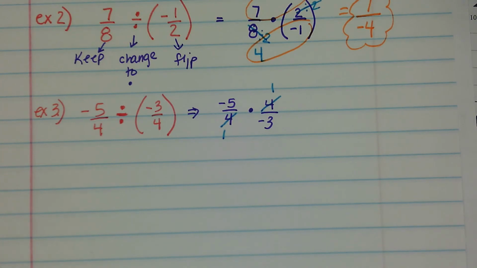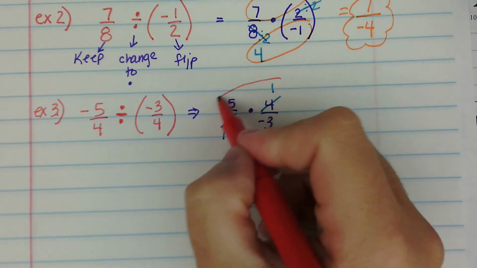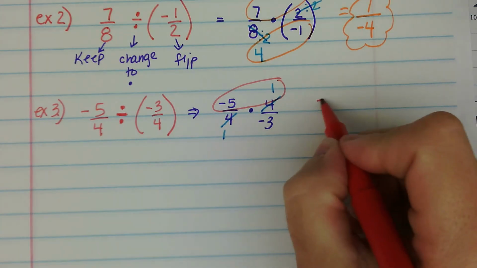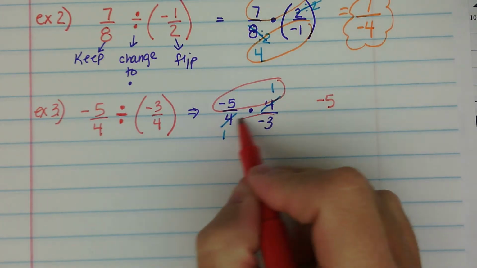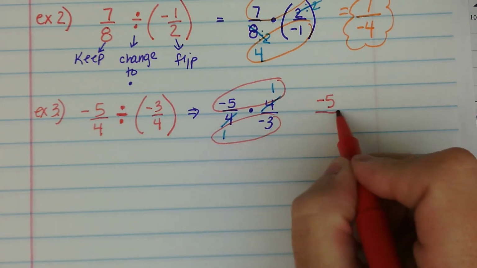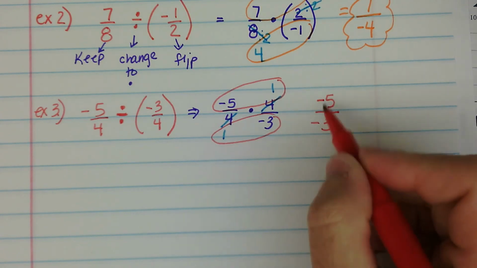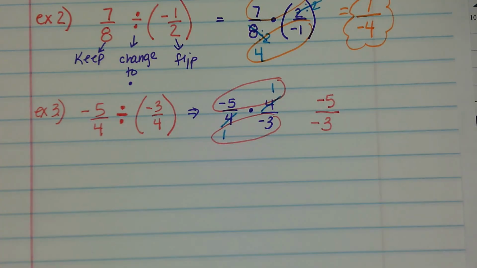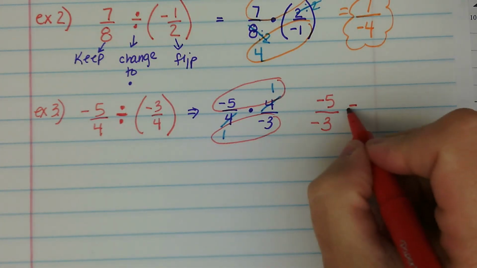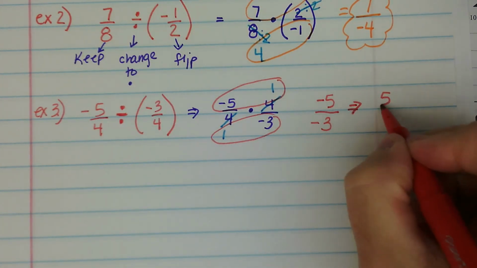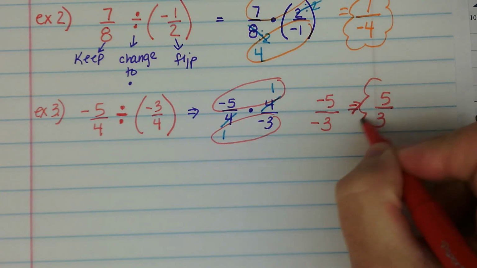And when I do, I'm going to end up with -5 times 1, which is -5, and 1 times -3, which is -3. But this is not the final answer. You know that two negatives multiplied or divided give you a positive. So your final answer is +5 over 3.